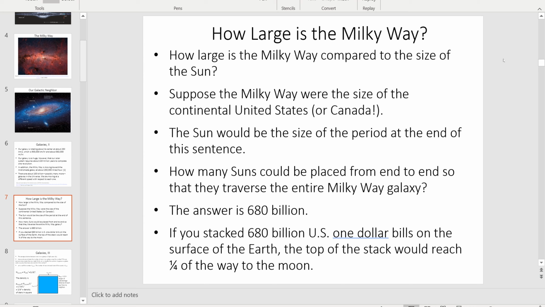Let's ask the question, how large is the Milky Way galaxy compared to the size of the sun? That's the first question here. Suppose that the Milky Way galaxy were the size of the continental United States. This is a thought experiment, we can't do this in real life, but we're going to build a map which is literally the size of the entire country, well, at least the continental United States.